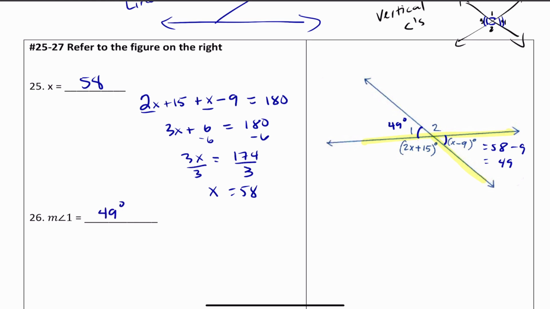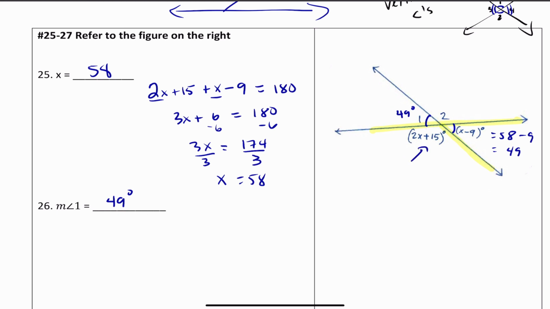Or if you wanted to, let's say I want to plug in x, and I do 2 times 58 plus 15, and that's going to give me 131. Okay? What I can do here, if I use a different color, well, that's still a linear pair. So these angles add up to 180.